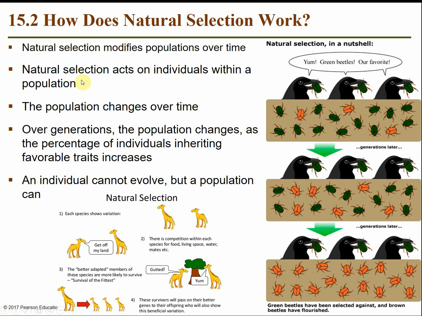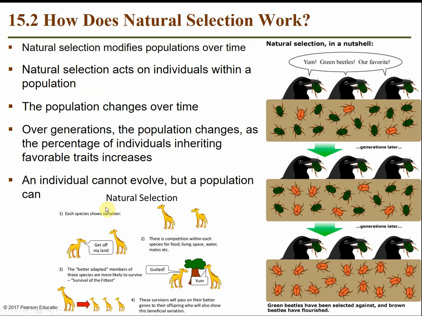Not all variations are beneficial. You could have a negative mutation, which will decrease your chance of surviving and reproducing. Ultimately, over the generations, the population will change as the percentage of individuals inheriting that advantageous trait increases. An individual cannot evolve, but a population can.